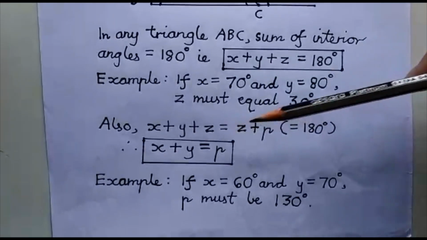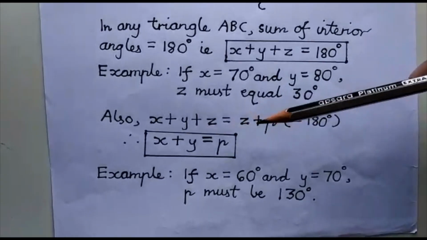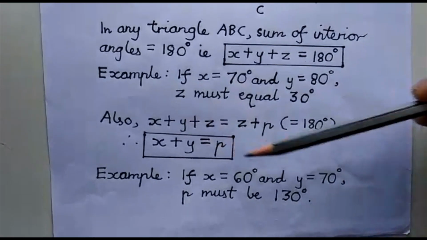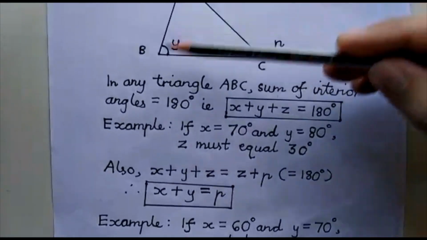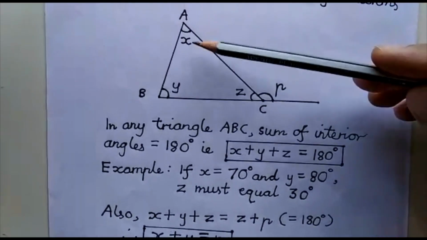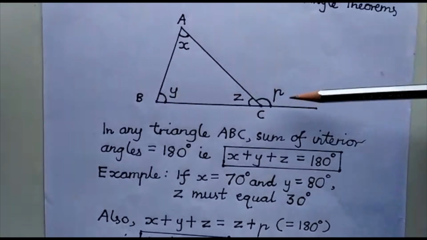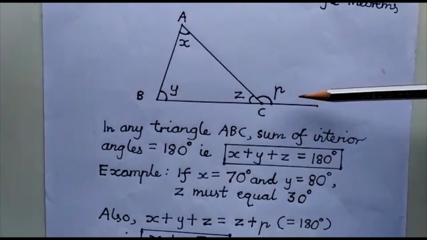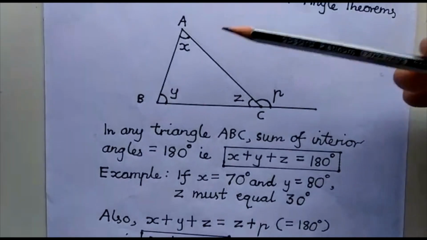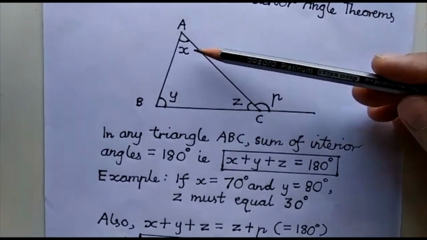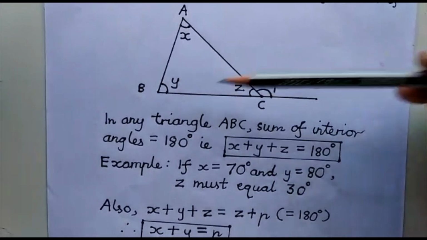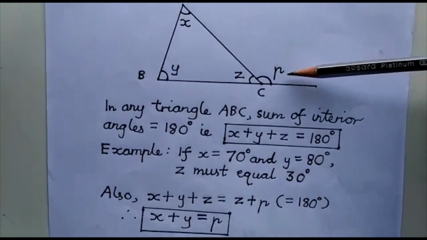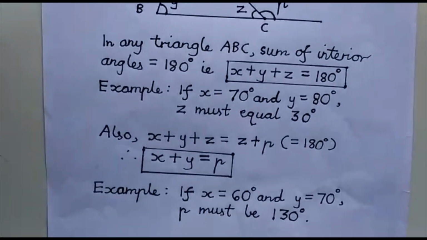On cancelling Z from both the LHS and the RHS, we get X plus Y equal to P. So in triangle ABC, X plus Y equals P. This is nothing but your exterior angle theorem. So if angle X equals 60 degrees and angle Y equals 70 degrees, then P will be 60 plus 70, which is 130 degrees.